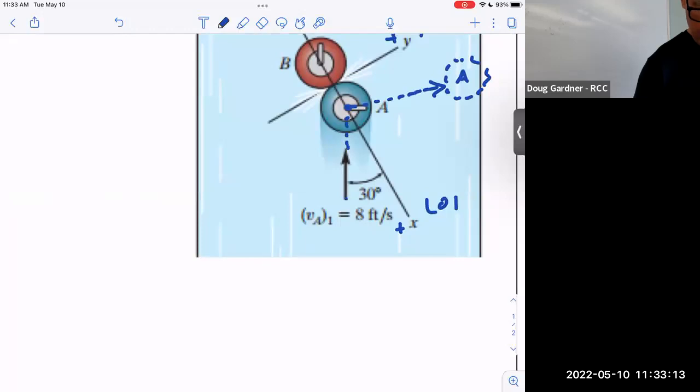I see this right triangle here. So what I need to do is convert that 8 feet per second into the coordinate system, like we've done before, because it's not acting in the coordinate system. Remember, the 8 is going to have to be the hypotenuse.